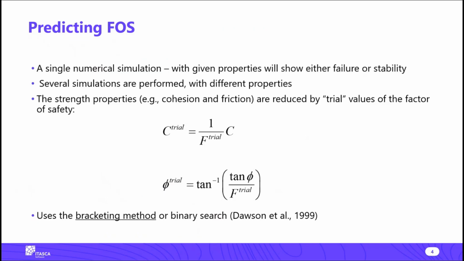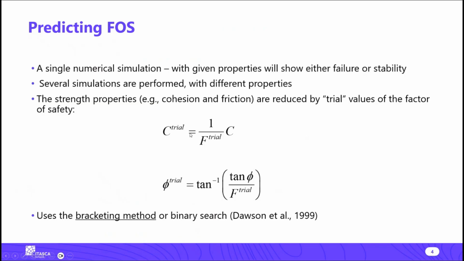The way that it works in 3DEC, or pretty much any shear strength reduction program, you will run a numerical simulation with some set of properties, and you will determine whether or not it's stable or whether it failed. You perform several simulations with different properties. Each time you reduce the strength by some trial value of the factor of safety.